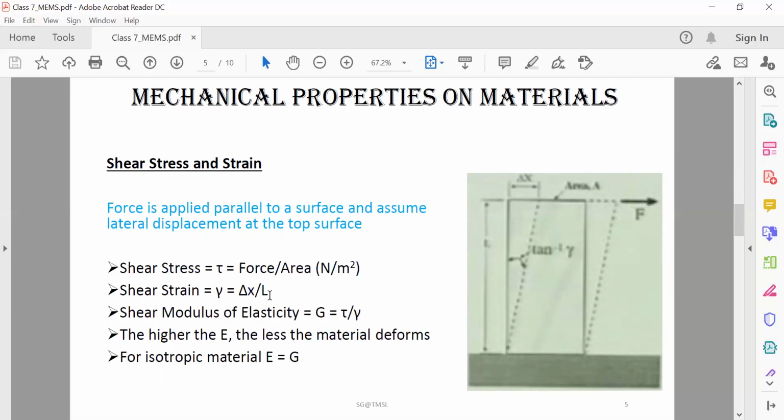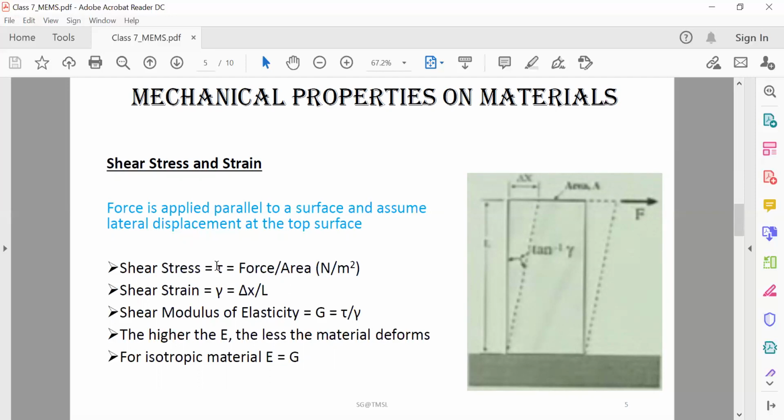this delta x by L is called the shear strain, represented by gamma. And shear stress is again force per unit area, which is in Newton per meter square or Pascal in SI unit. It is represented by tau.